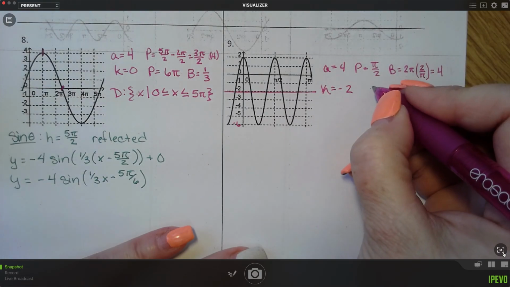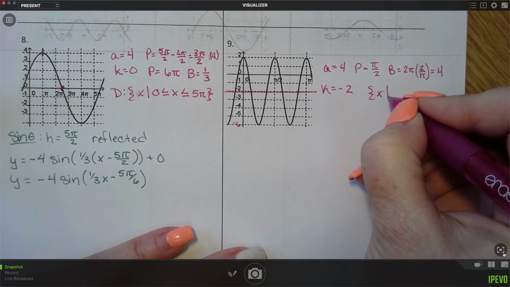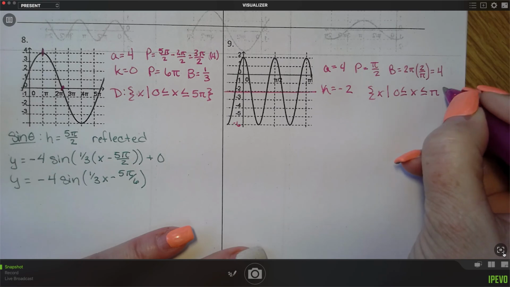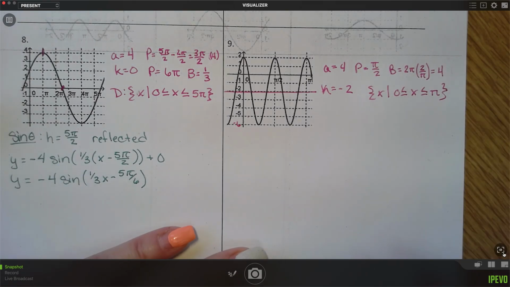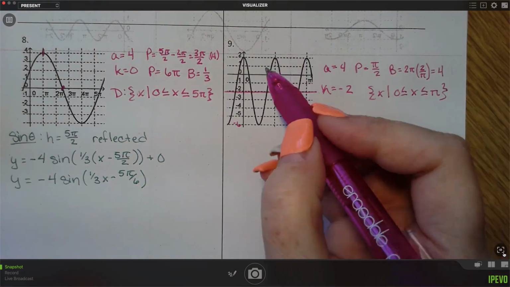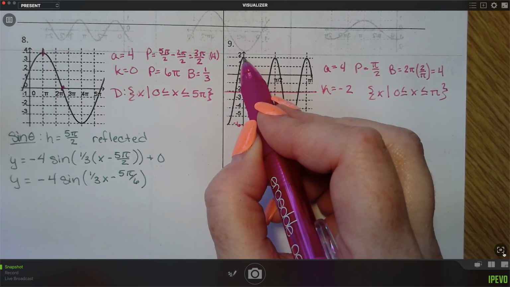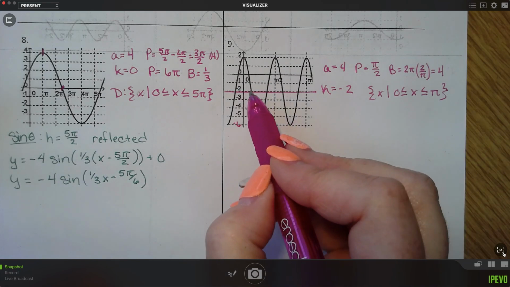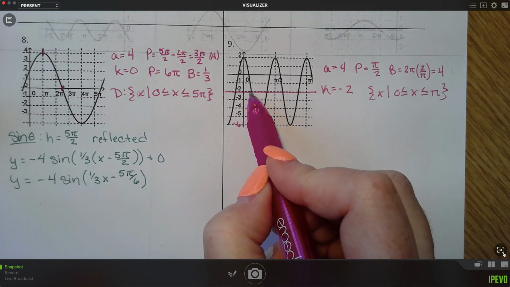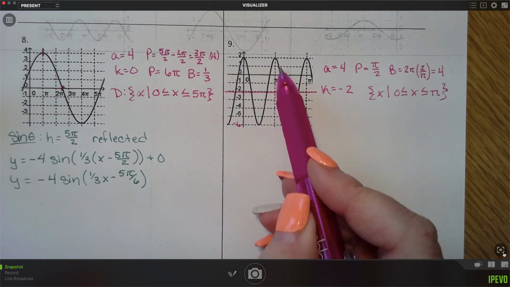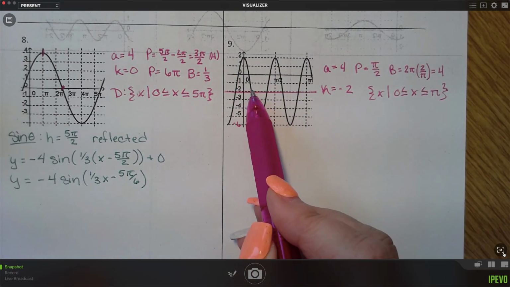Yep. Yep. 0 to pi. And then how are we going to figure out, well, cosine's easy. It's h is 0, yes? What about sine? How are we going to figure out sine? I don't know. Well, from 0 to pi over 2 is the whole thing. So that has to be a quarter into it, yes?